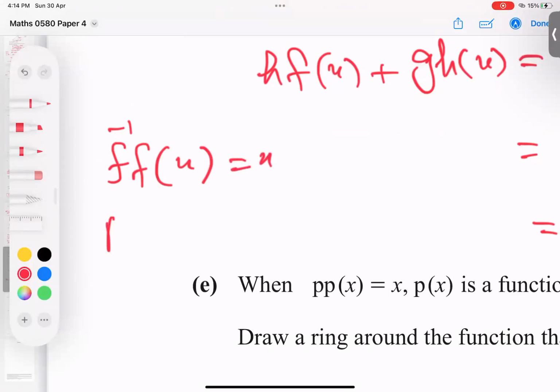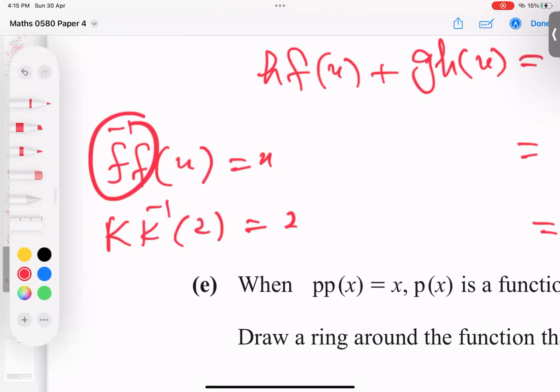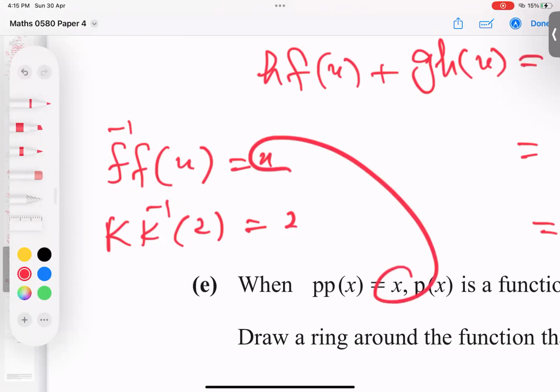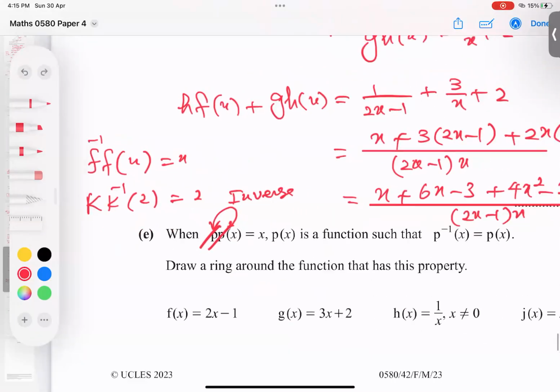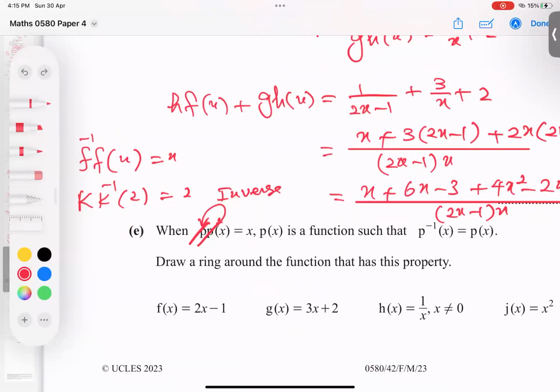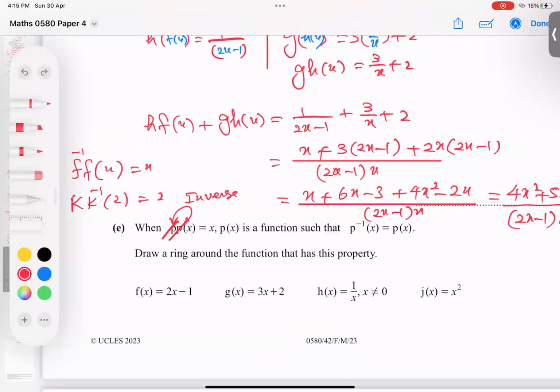If it means k inverse of 2, if we're getting this 2, it means they are inverses of each other. So see, this is coming x. So 100% we can say they are inverses of each other. How come? Because that is why they are canceling each other and we're getting x. So it means 100% this P is the inverse of that.